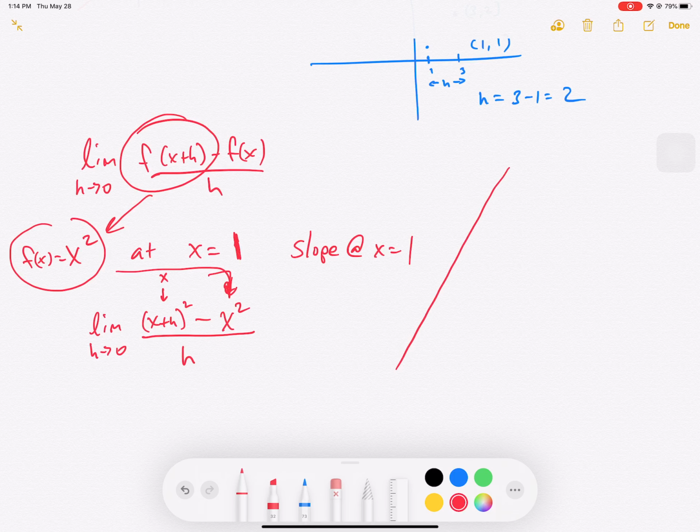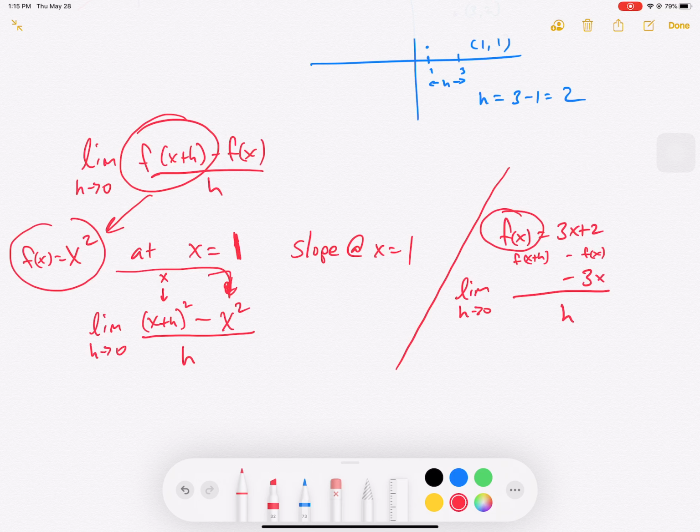Side example, what if I told you f of x equals 3x plus 2? Okay, well, the limit formula would be the limit as h goes to 0, h on the bottom, it's going to be f of x plus h minus f of x. Well, hey, don't we know what f of x is already? That's 3x plus 2 on the back.